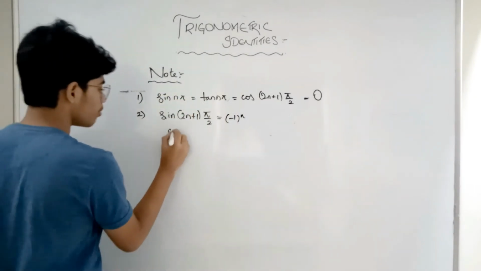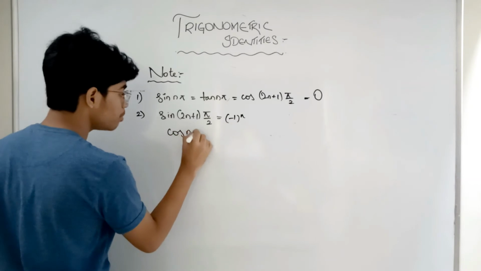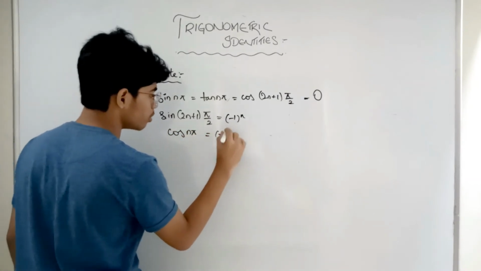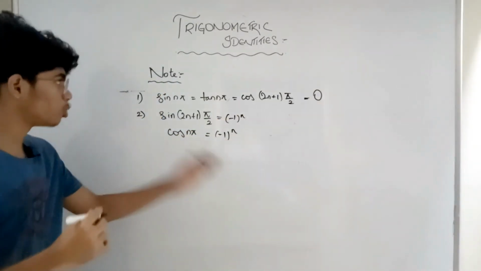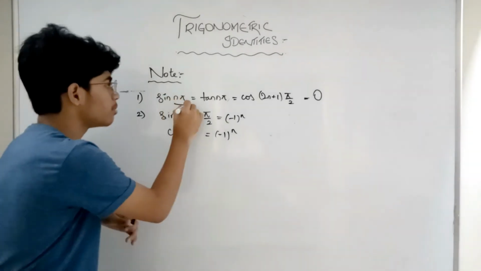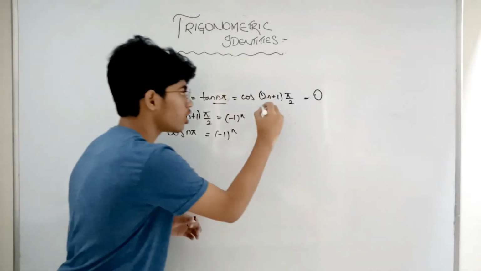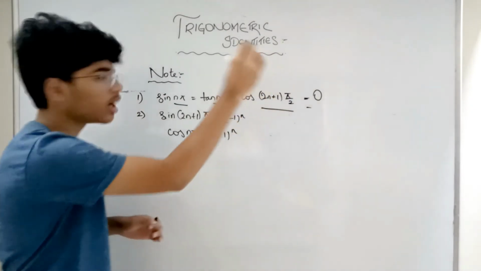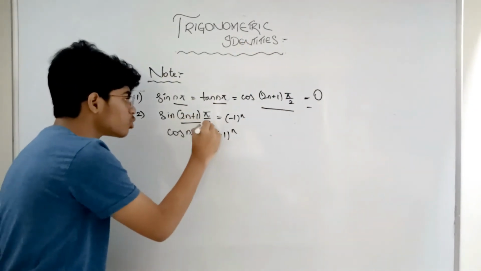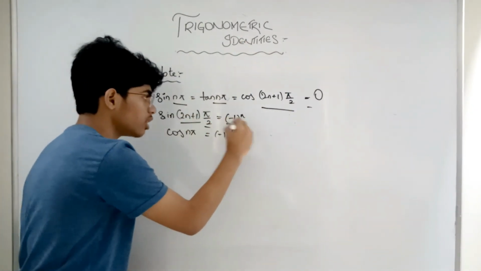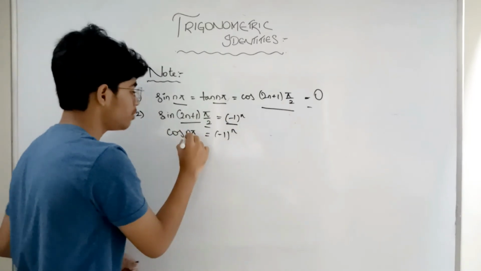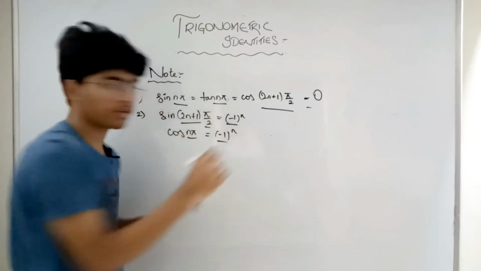And the same, but cos n pi equal to minus 1 whole power n. So these are the 2 points in note, where sin n pi equal to tan n pi equal to cos (2n plus 1) pi by 2 equal to 0. And sin (2n plus 1) into pi by 2 equal to minus 1 power n. And cos n pi equal to minus 1 whole power n.